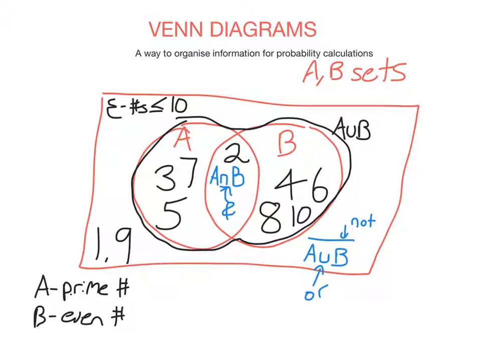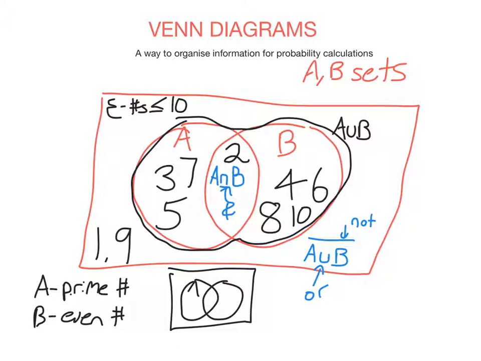So what we can do is use this to find probability calculations. Now what we normally do is, instead of writing all of the objects that are in that set, we just write the number that are in that set. So I can redo my Venn diagram down here. I've got A and B. We just put in the numbers, and they should add up to 10 because there are 10 numbers all up.